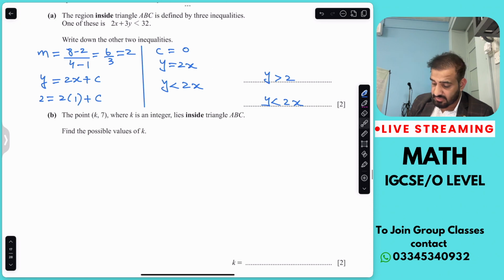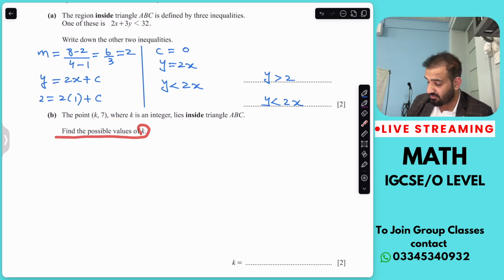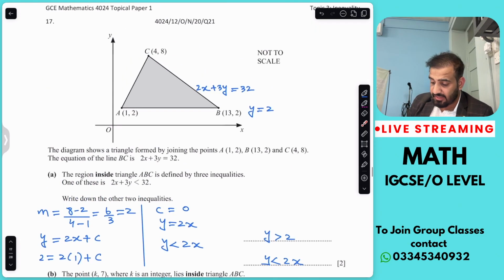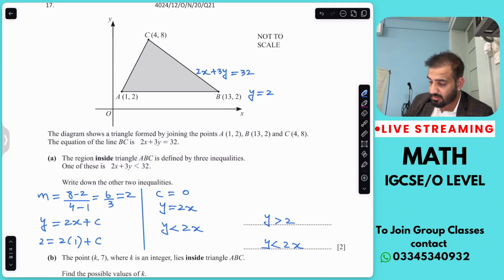The point k comma 7, where k is an integer, lies inside the triangle ABC. Find the possible values of k. So the point k comma 7 lies inside the triangle. What is meant by this 7?